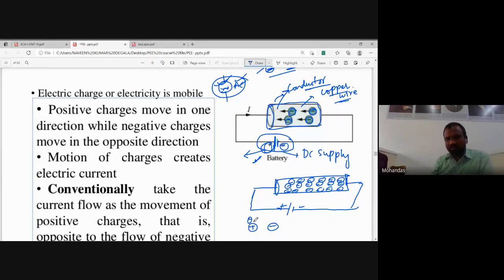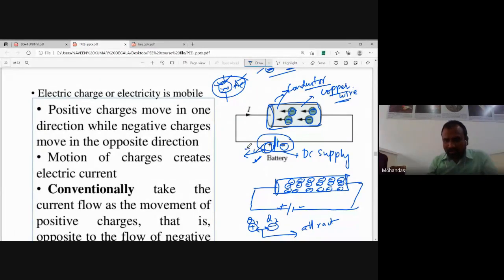There is a charge Q1 and a charge Q2. What is the type of force between these two charges? Unlike charges attract. Very good. These attract each other.